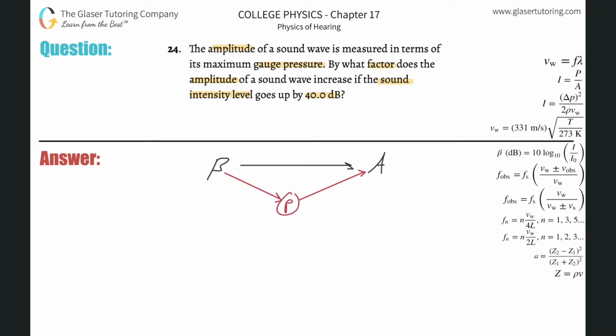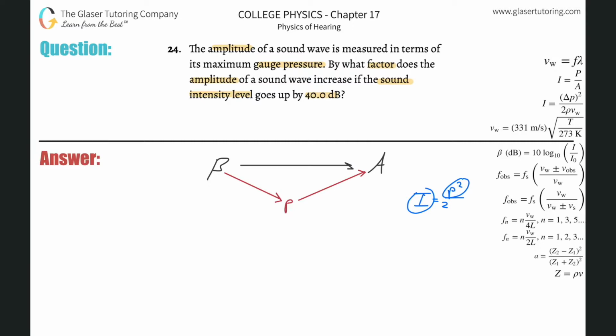Again, we look on the right-hand side and we don't find a direct relationship. So this is just fantastic. Now I'm thinking, how is pressure related to beta? It's not directly, but there might be a variable in between. So I start looking through the formulas and I realize that the intensity is equal to the pressure squared divided by 2 times density times velocity. So pressure is related to intensity.